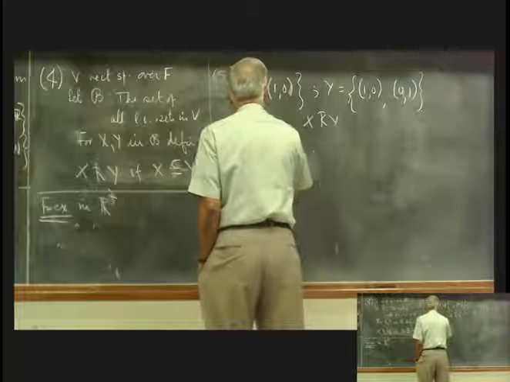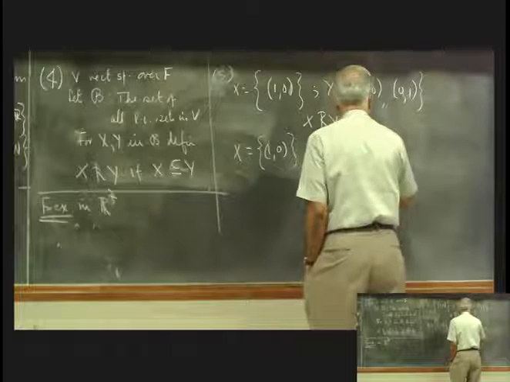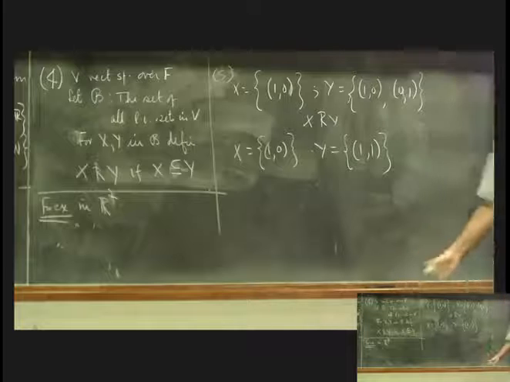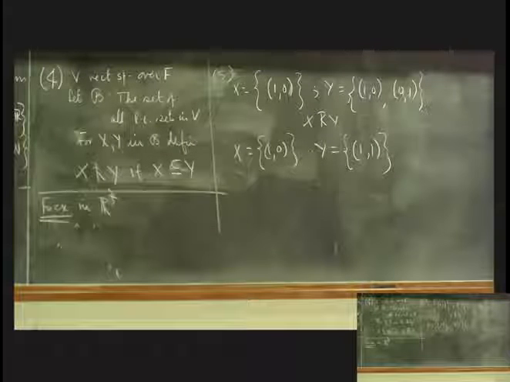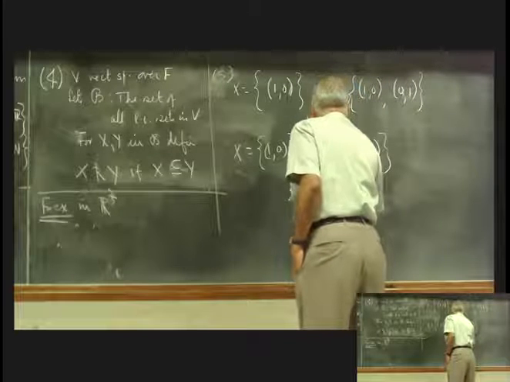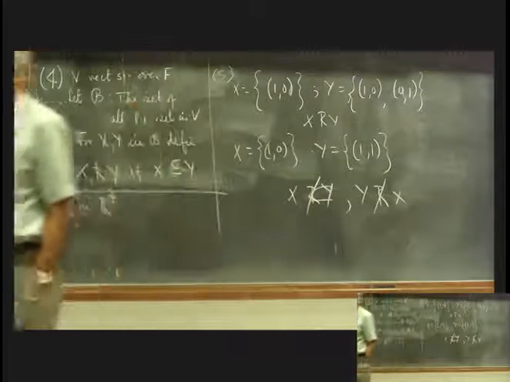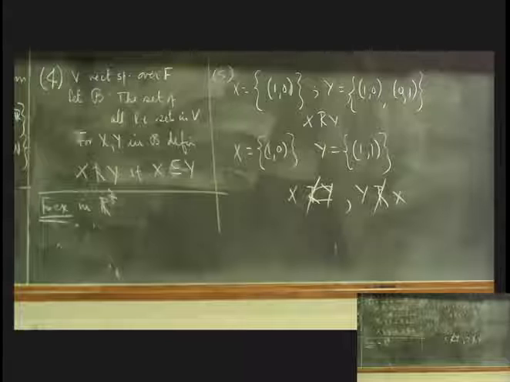But if you take x to be (1, 0) and y to be (1, 1), both are linearly independent sets, but neither is related to the other. So x is not related to y and y is not related to x. The subset-of relation is a relation on any collection of subsets; I am particularly looking at it in the collection of linearly independent sets.